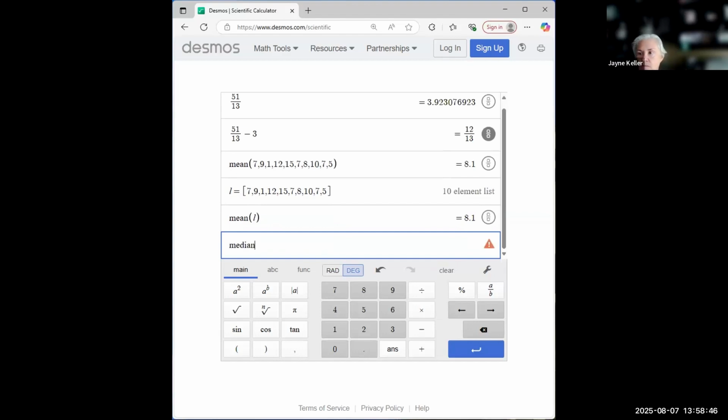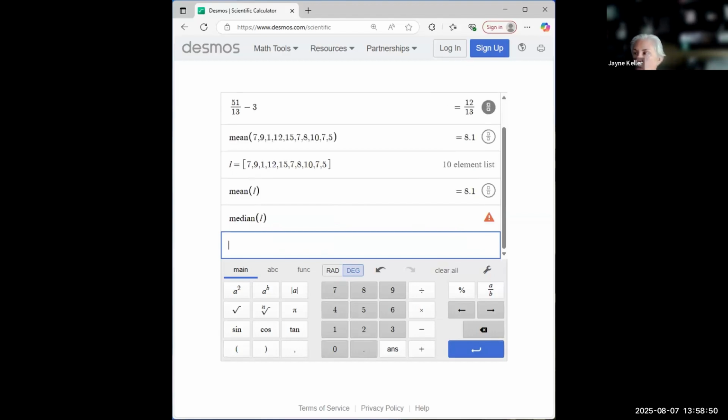I can do the median. Oh, it doesn't. Sorry, this calculator doesn't do the median. That's okay, I'll show you how to do it. I think it does standard deviation though. Yeah. Okay, so there's the mean and the standard deviation.